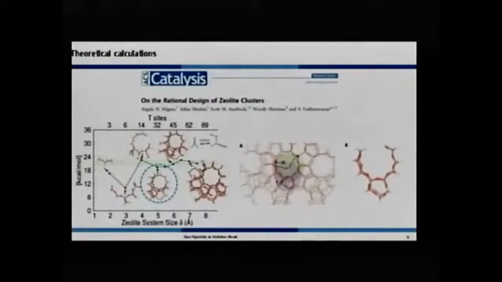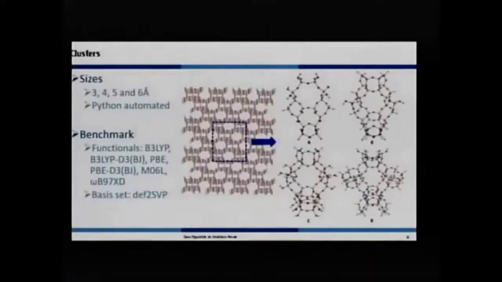Our work was different from the literature because we did not choose clusters that have open rings. We chose only the clusters that have the rings closed. After that, we choose silicon to change for aluminum, and we load the copper at 6 membered rings or 8 membered rings.